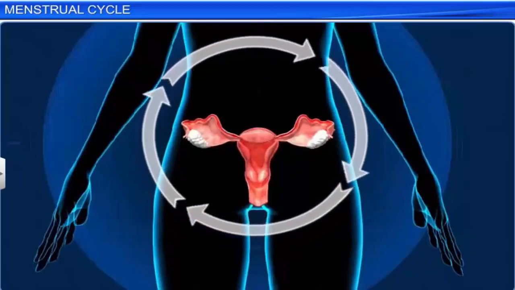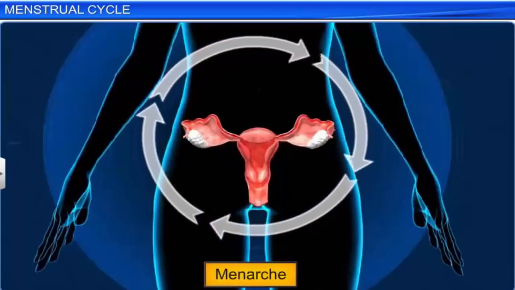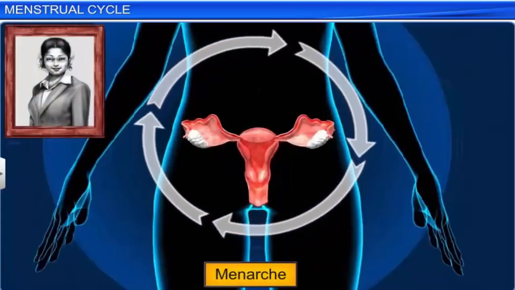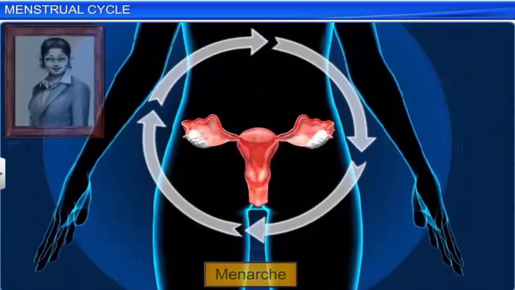Incidentally, a woman experiences her first menstrual cycle, called the menarche, at the onset of puberty, usually between the ages of 9 and 12.